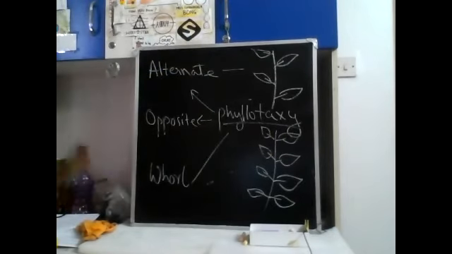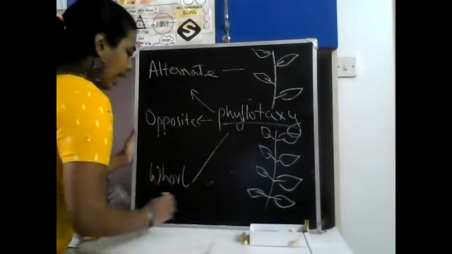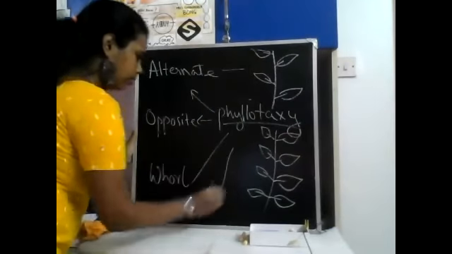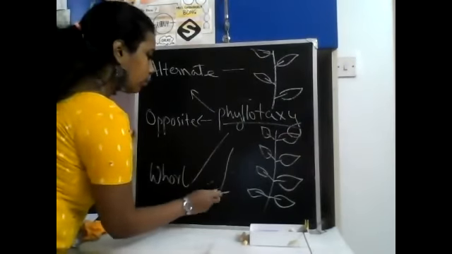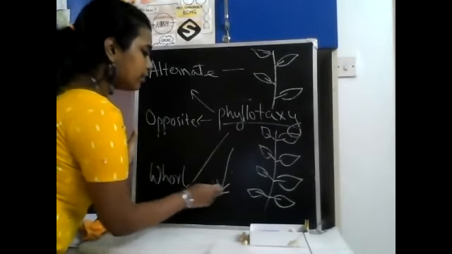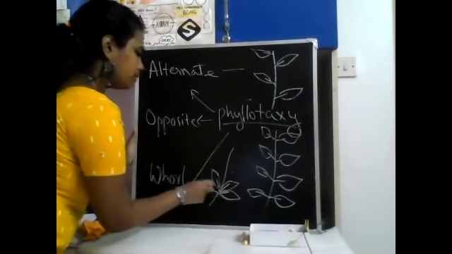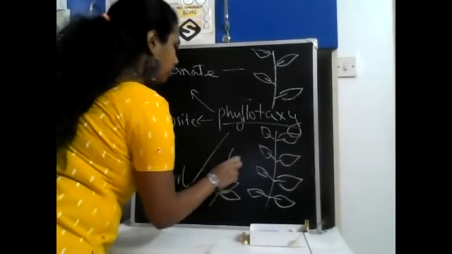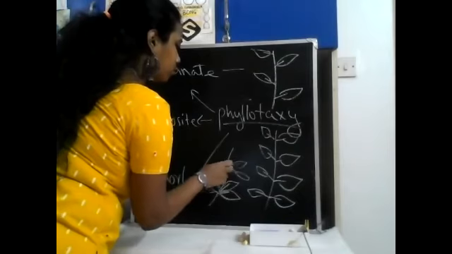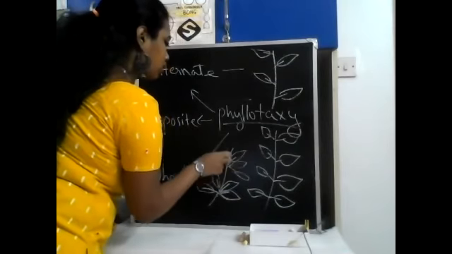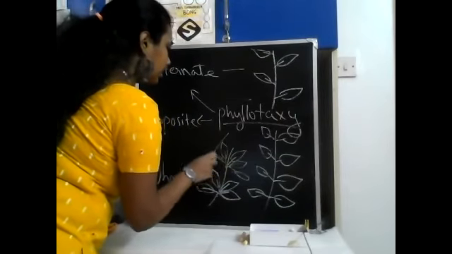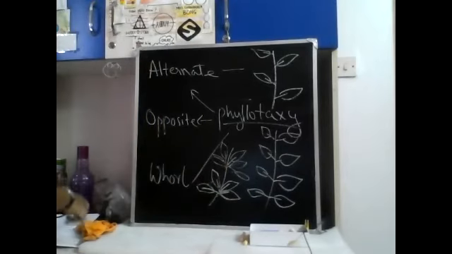In whorl phyllotaxy, you will see that one plant will have many leaves arising from the same point. And this is whorl phyllotaxy. Many leaves from the same point is called whorl phyllotaxy.